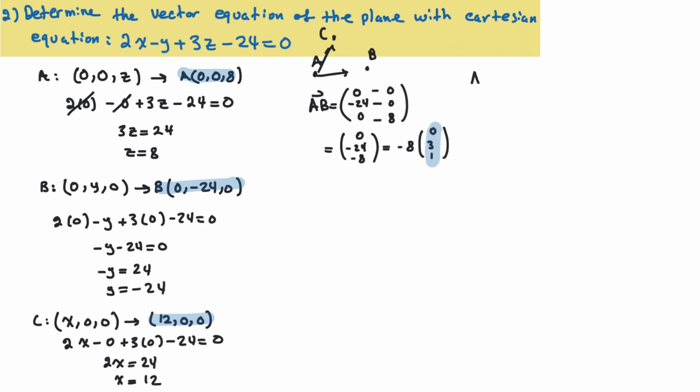For my direction vector AC, I'm going to take the coordinates of point C, which are 12, 0, 0, and subtract the coordinates of point A, which are 0, 0, and 8, and I will end up getting 12, 0, and negative 8. This can be simplified as well. I can divide everything by 4, and I will get 3, 0, and negative 2.